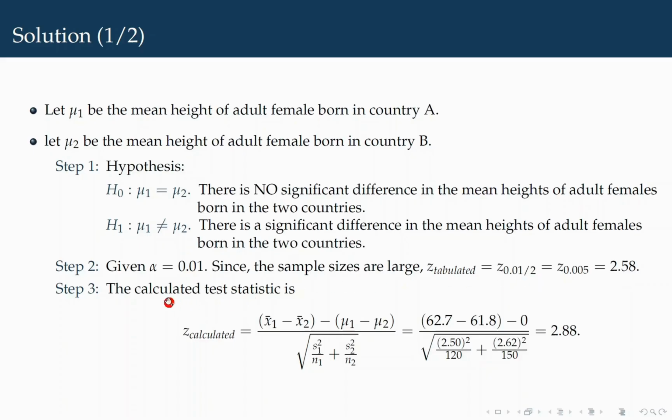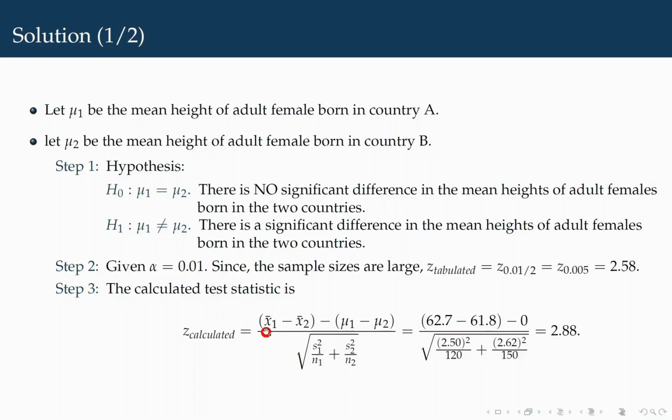And next we need to obtain the calculated value of the test statistic. Now, in this case, the variance of each group should be estimated separately. Therefore, the standard error is the root of sample variance of country A over N1 plus sample variance of country B over N2.